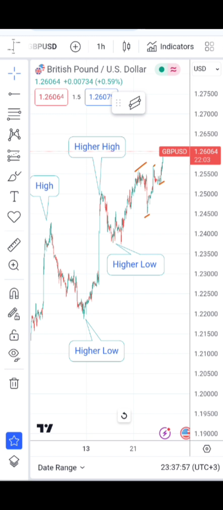So guys, that's all for today's video on market structure. I think I'll have a part 2 of market structure where I highlight the concepts of break of structure and matters to do with the market structure shift. Let's say, when do you tell if the trend has turned?